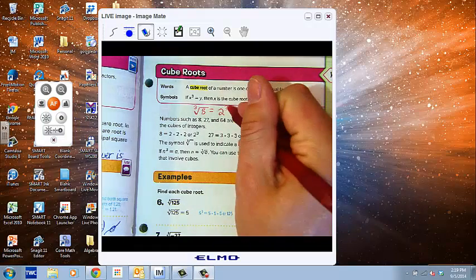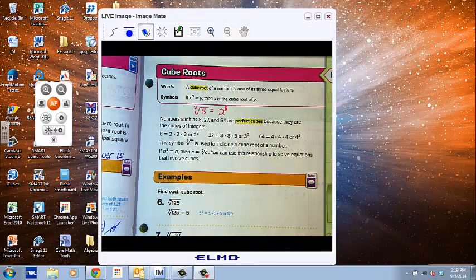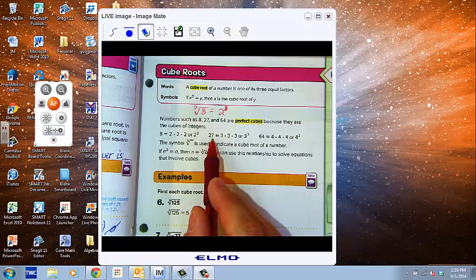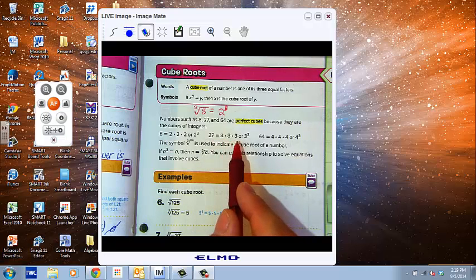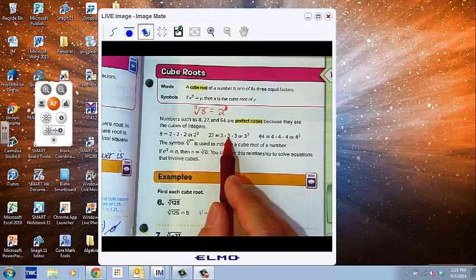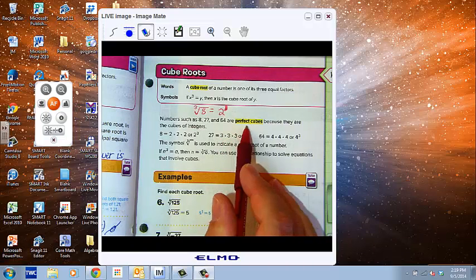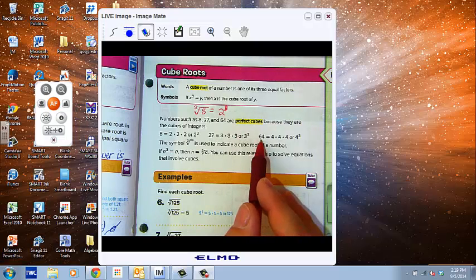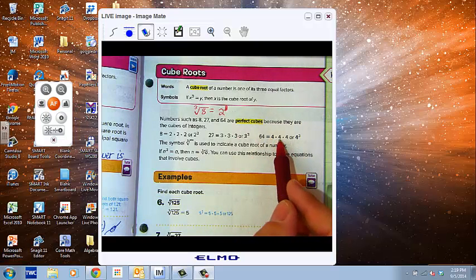Other perfect cubes are 27, because 3 times 3 times 3 gets us 27. 3 times 3 is 9, and then 9 times 3 is 27. Another perfect cube would be 64, because 4 times 4 is 16, and then 16 times 4 gets me to 64.